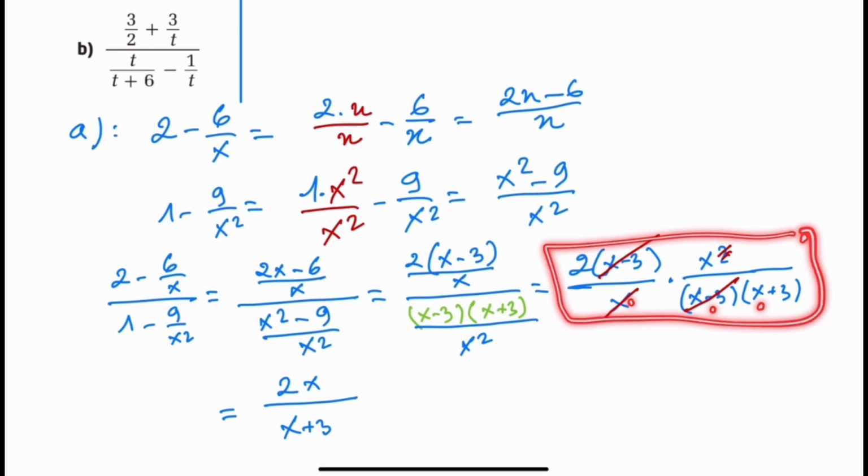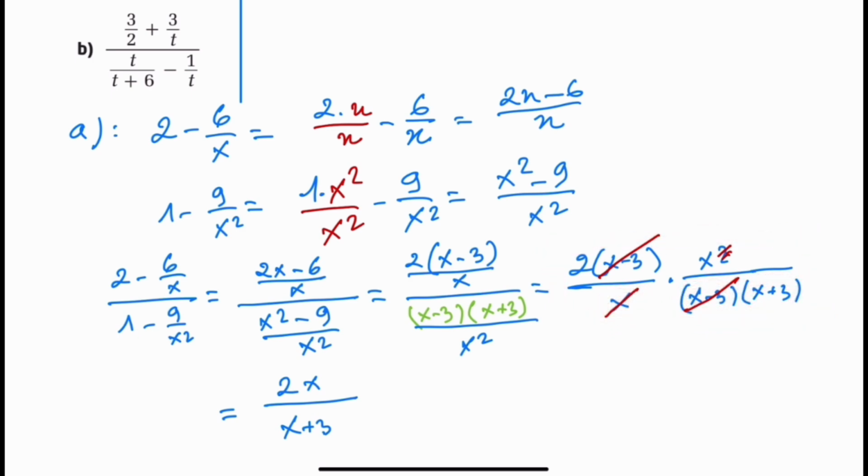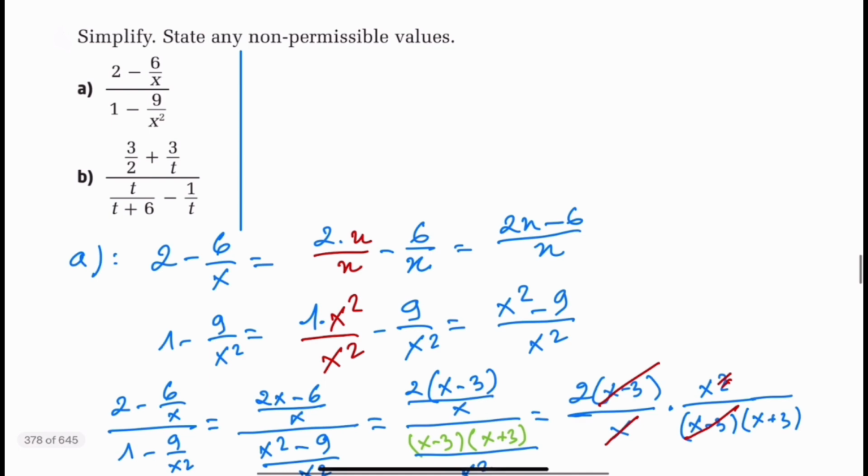Why? This should not be equal to 0, this should not be equal to 0, and this should not be equal to 0. Okay, so for my non-permissible values, I have x should be different than 0, x should be different than 3, and x should be different than minus 3.